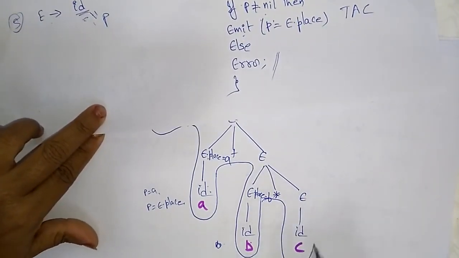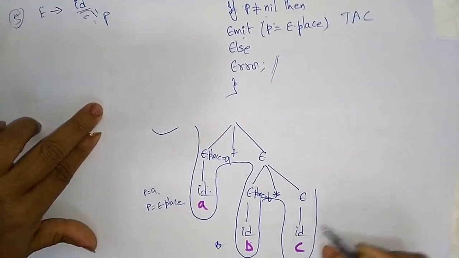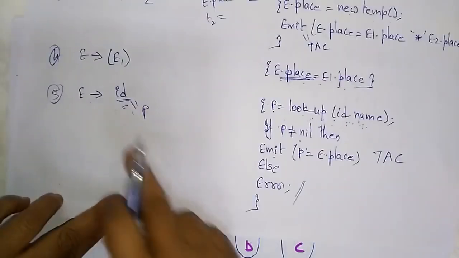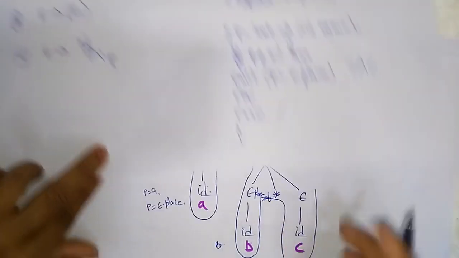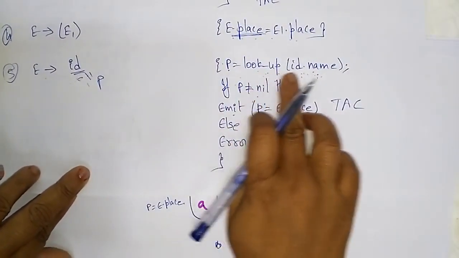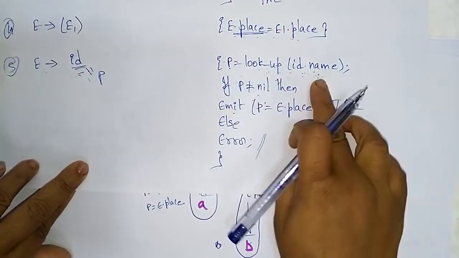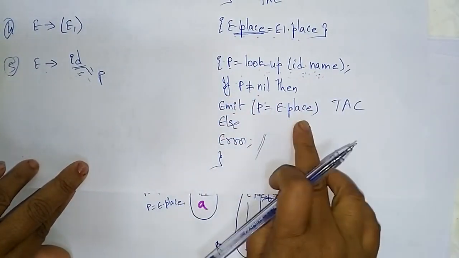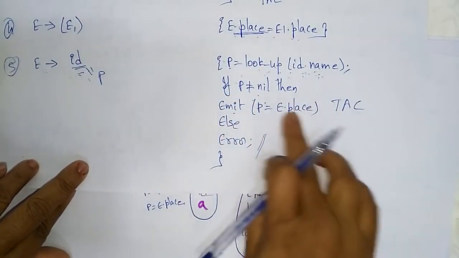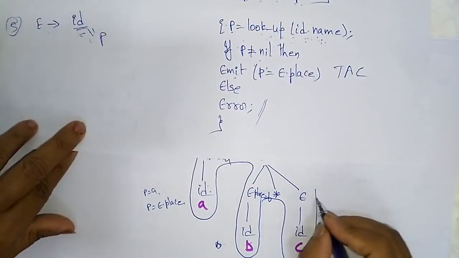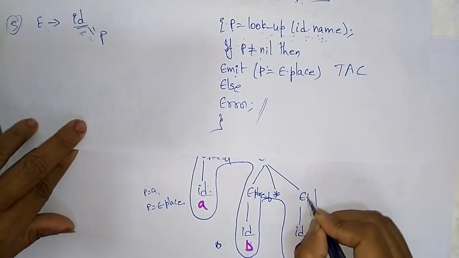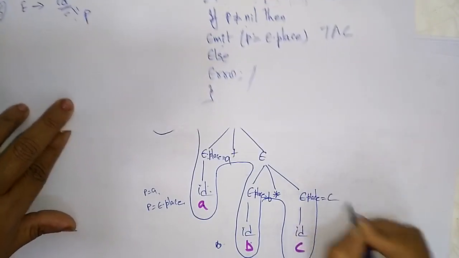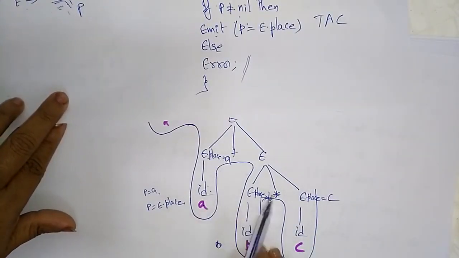Again a reduction, E determines ID, same procedure. Here p is c, not equal to null, so E.place is c. So we have a, b, c.